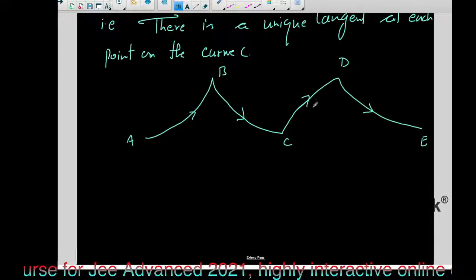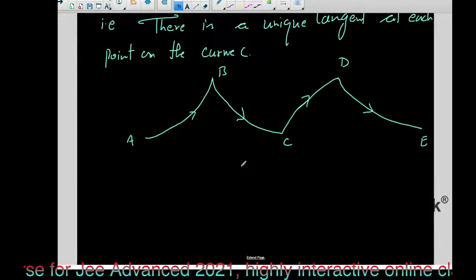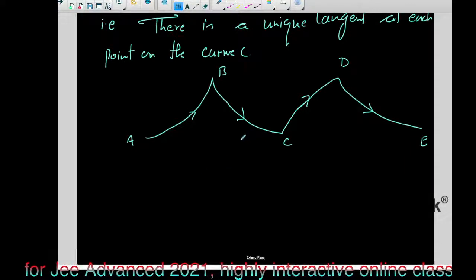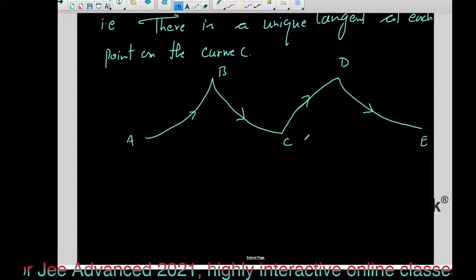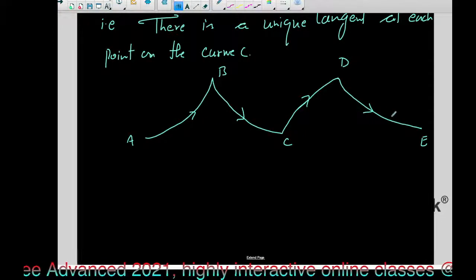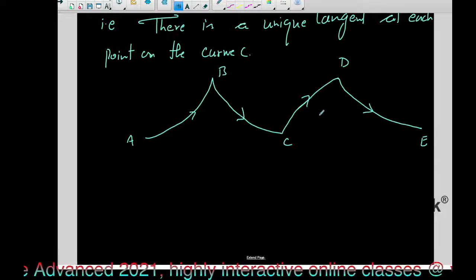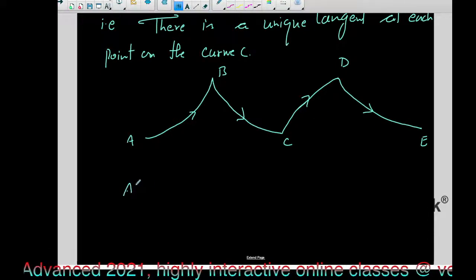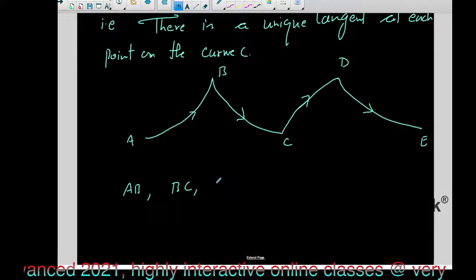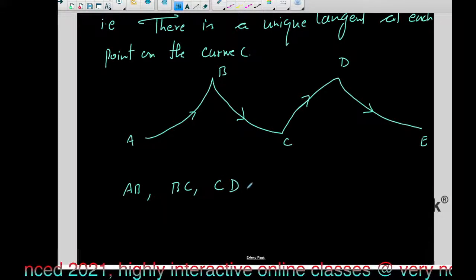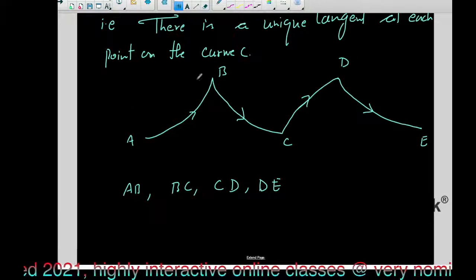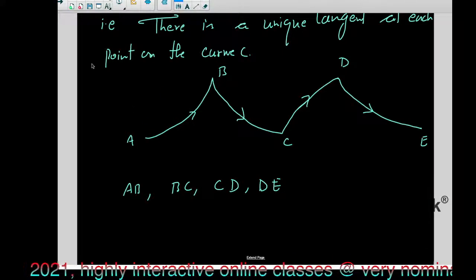At B, C, D, the function is not differentiable, you say, right? So this curve is a piecewise smooth curve because it consists of 1, 2, 3, 4 pieces of smooth curves. AB is one smooth curve, BC is another smooth curve, CD is another, and DE is another smooth curve. These are, you can say, a piecewise smooth curve, right?